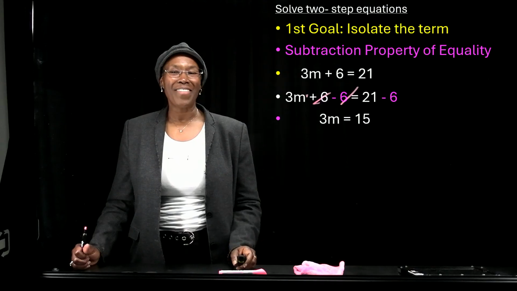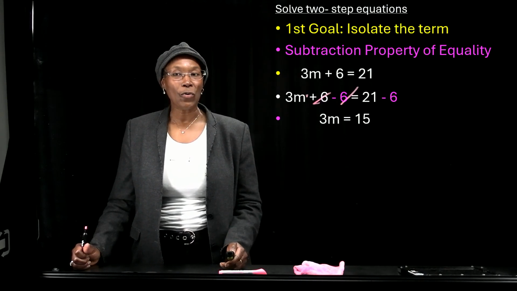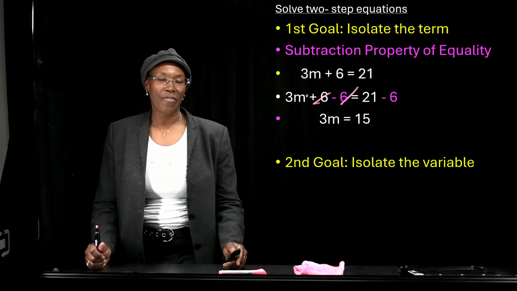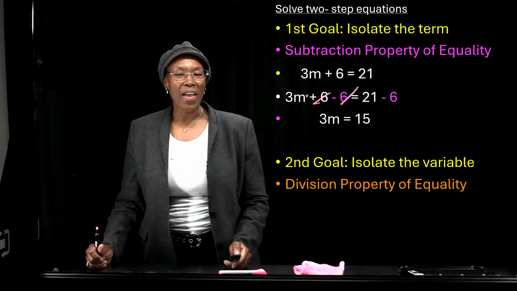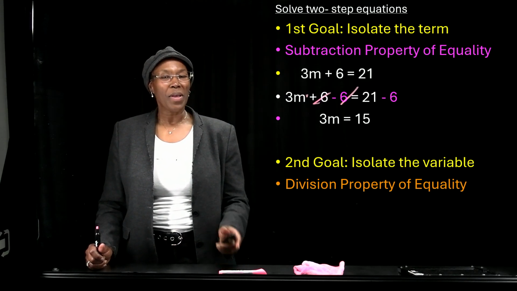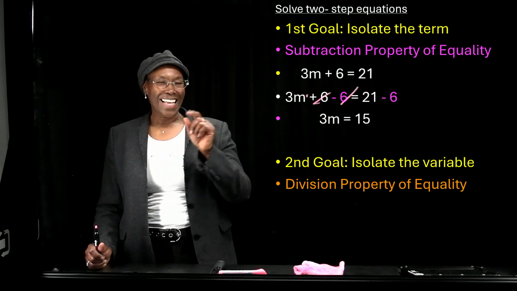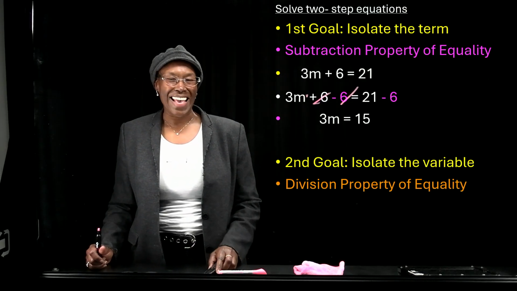Now that we have it as 3M is equal to 15, that is our clue that we're heading into our second goal to isolate the variable. In isolating a variable, we are going to apply the division property of equality because 3M represents what operation? Yes, Johnny, that is correct. 3M represents multiplication.